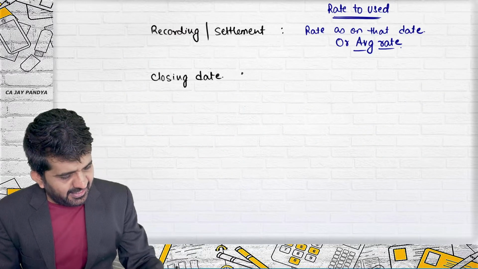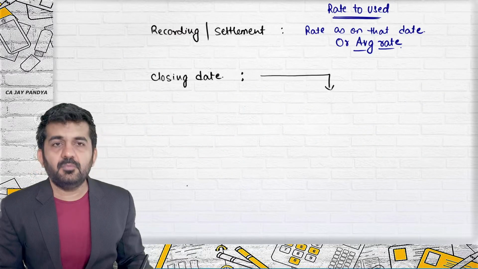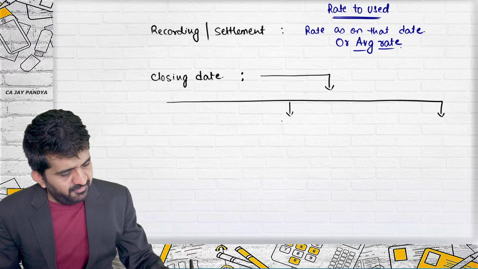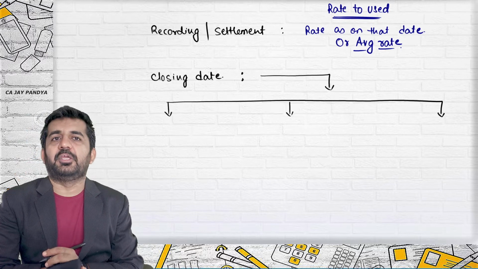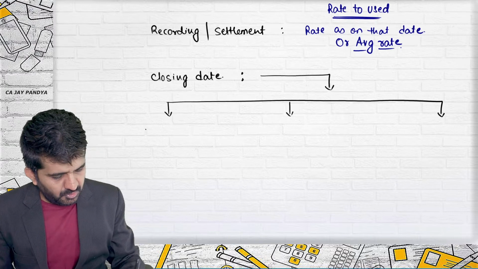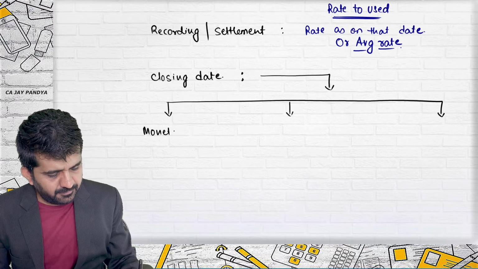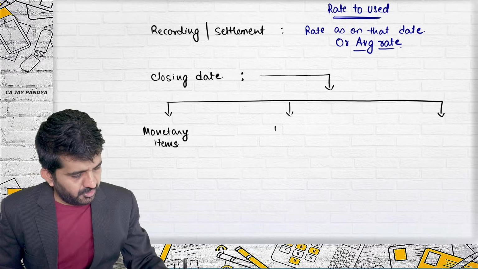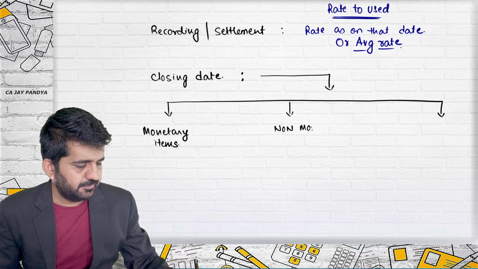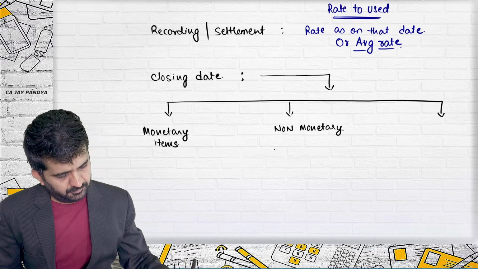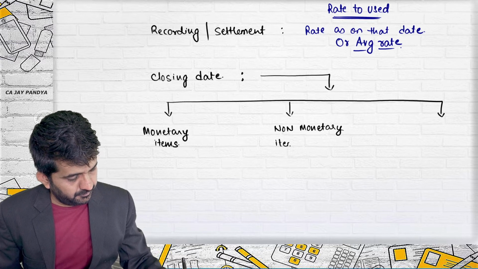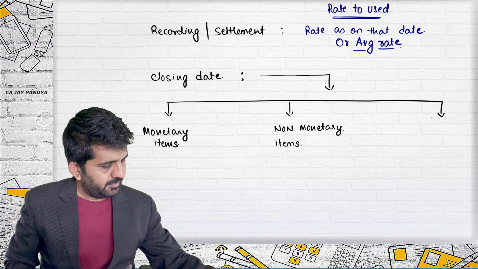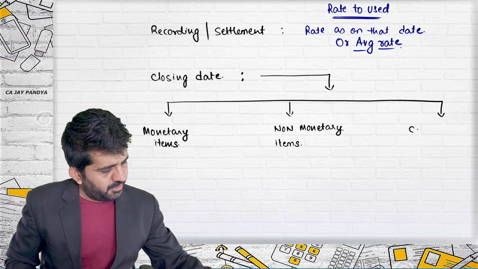Understand what AS 11 says. AS 11 divides this practically into three parts: monetary items, non-monetary items, and contingent liability.